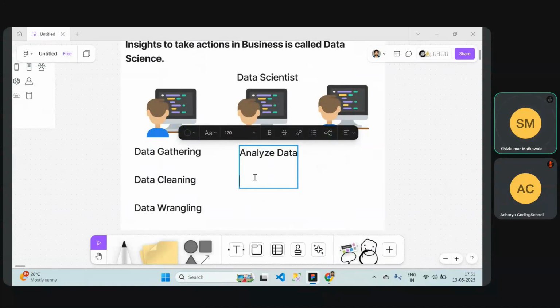So analyzing data, coming up with logic and maths, and after that, train machines.